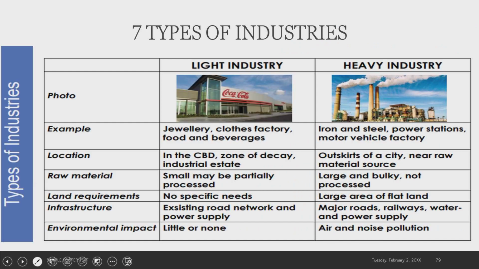If we look at the land requirements, they require large areas of flat land because the factories themselves, the industry themselves are very vast. They need major roads, railways, water and power supply because the magnitude of what they produce is large, or the raw material they need is large, so it needs proper transport routes. Environmental impact, air and noise pollution.